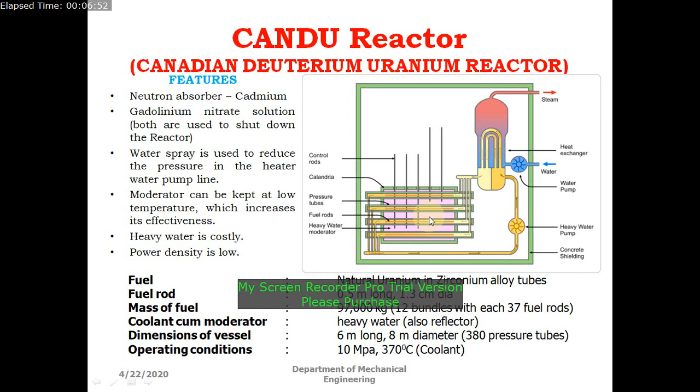Here we can see there is a pinkish region which is surrounding the pressure tubes. This pinkish region is the portion filled with heavy water which is acting as moderator. So whatever neutrons are coming out, these neutrons will be slowed down by the heavy water.